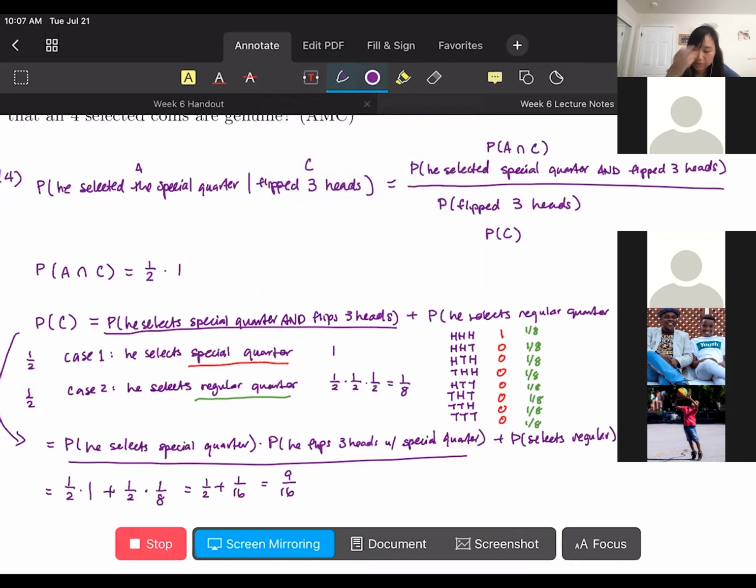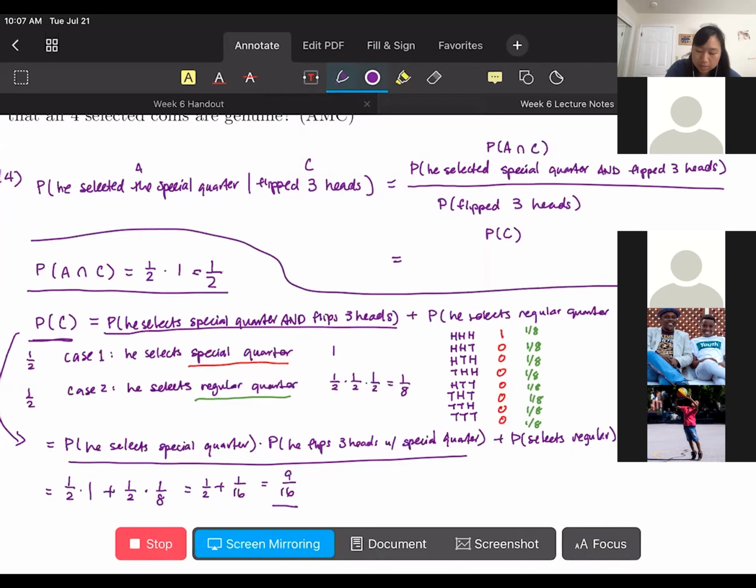So let me just finish this up really quickly. So now we've computed the probability that he selects the special quarter and flips 3 heads, which is 1/2 over here. And then we've also computed the probability overall that he flips 3 heads, which is 9/16. So we can plug it back into this formula up here. So that gives us 1/2 over 9/16.